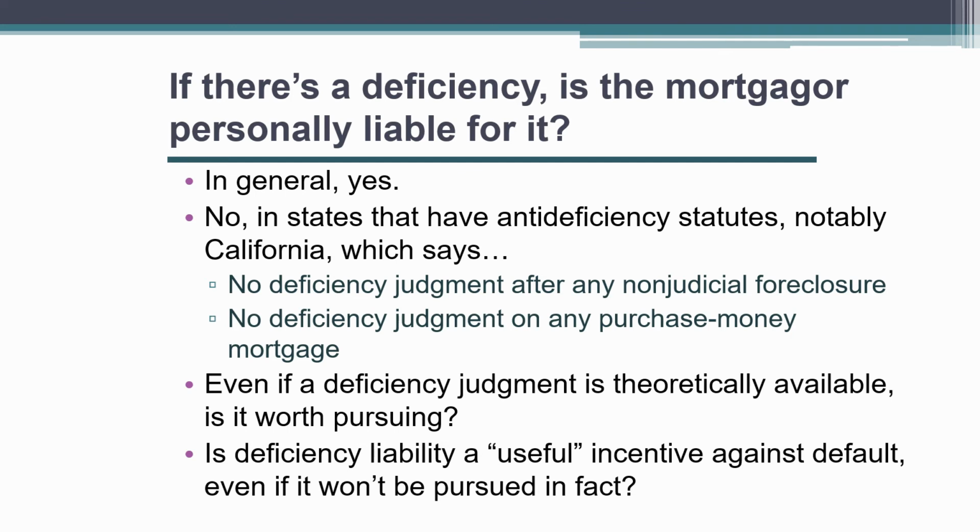However, many lenders say that deficiency liability is a useful incentive against default, even if they wouldn't pursue it in fact. It certainly does give the borrower an incentive to try to make the payments and not to default because of that looming risk that they might be held liable for a deficiency.